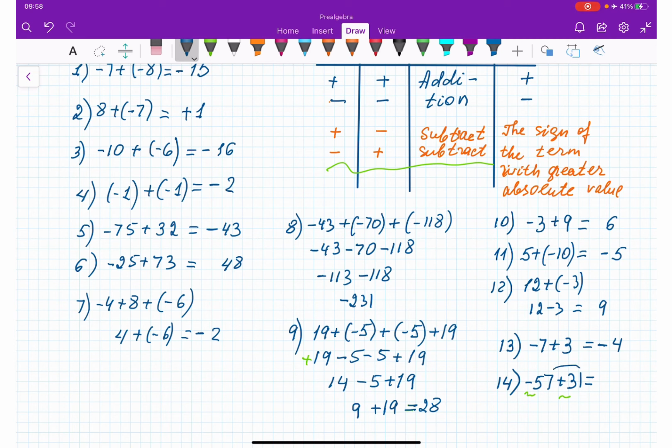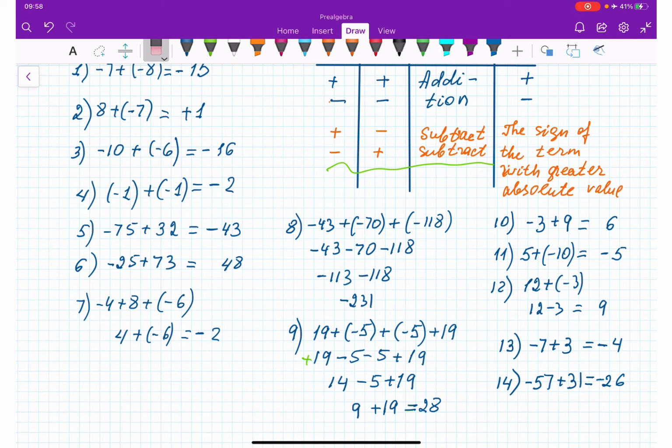So 7 minus 1, we always start from the last numbers. 7 minus 1 is 6. And 5 minus 3 is 2. Now, 6 and 2, 26. Now, the 57 is bigger than 31 and it has negative sign, so 26 is going to be negative.